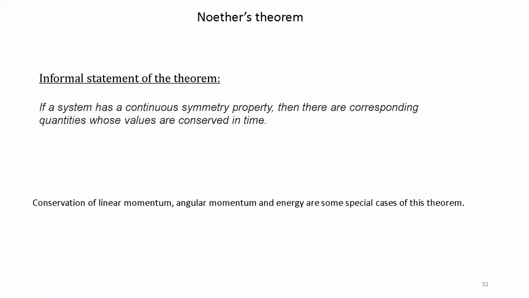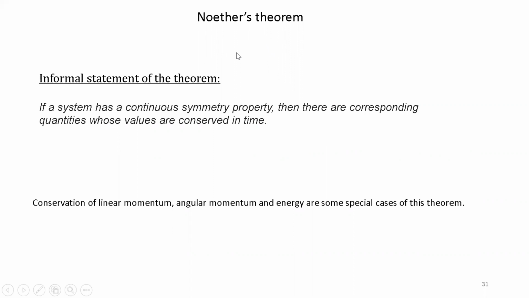So just a last slide. We have talked about three kinds of conservation laws: momentum, angular momentum, and energy. In fact, these are three special, and of course important, cases of a more general theorem known as Noether's theorem.